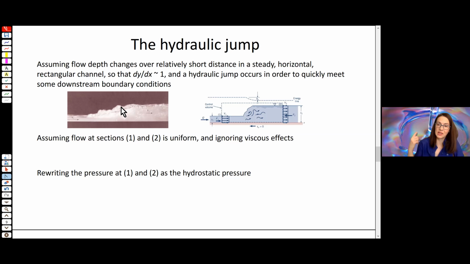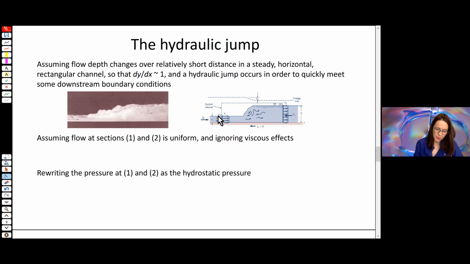You can see it in the example behind me for flow from a faucet into a sink, you can see it here in this example of a channel flow, and you can see it in the sketch here. You can think of the reason for this phenomenon by imagining a situation where you need to quickly decelerate the flow speed.